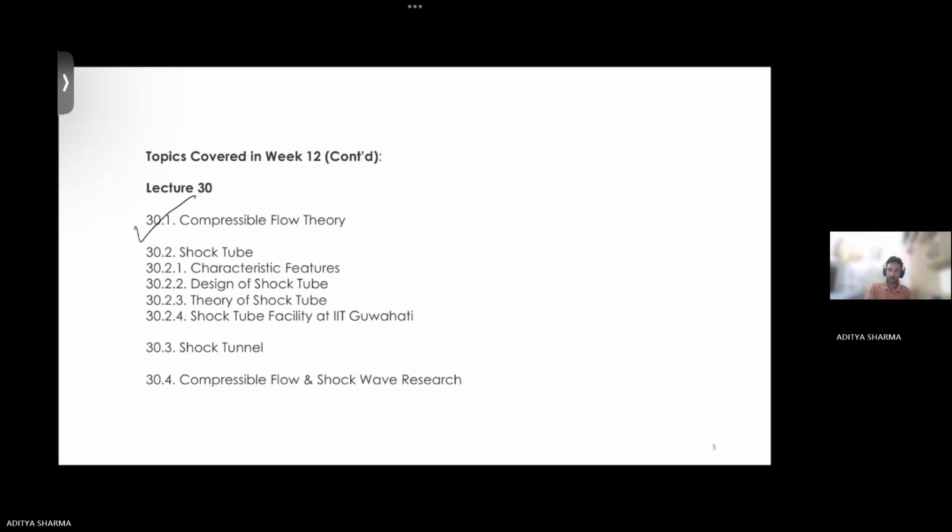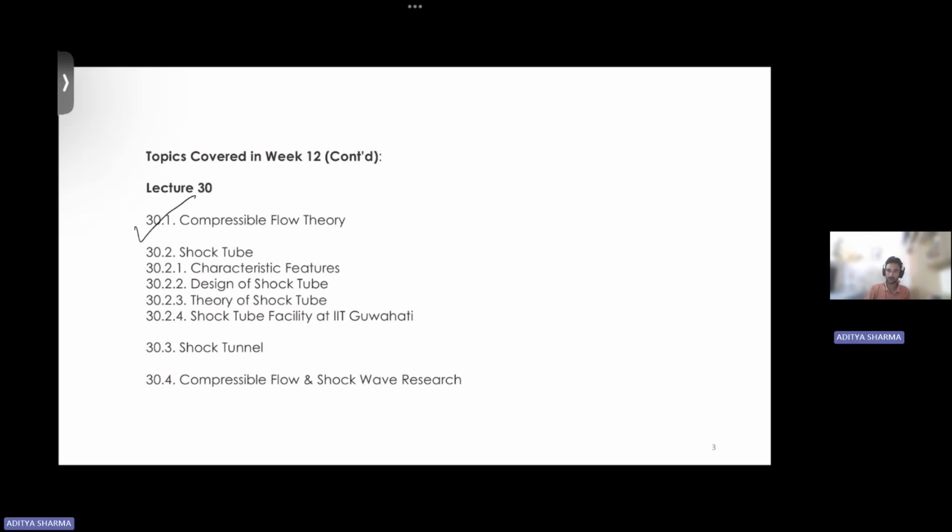After that there is the design of the shock tube, where it has been mentioned how we perform the structural analysis of the material we are using for the shock tube.